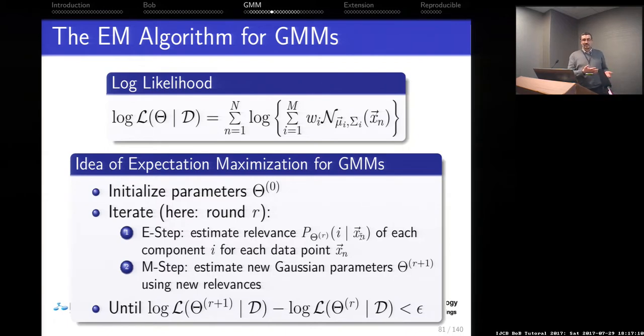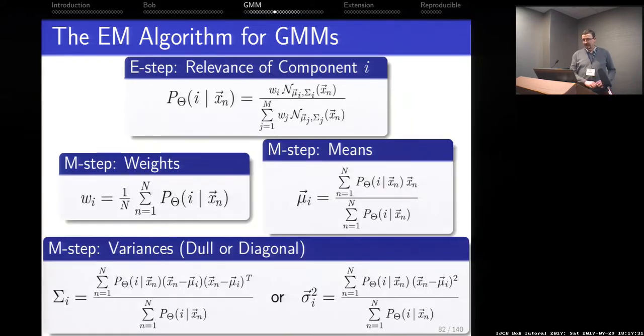And in the M step, you estimate the new Gaussian parameters based on the estimated relevances. And then you iterate that and recompute, until your likelihood doesn't change much anymore. So that's the idea.